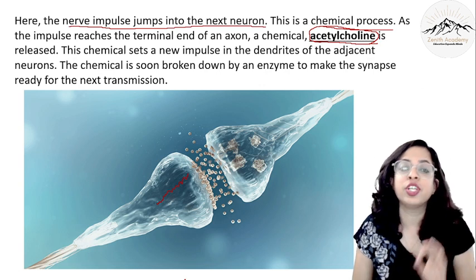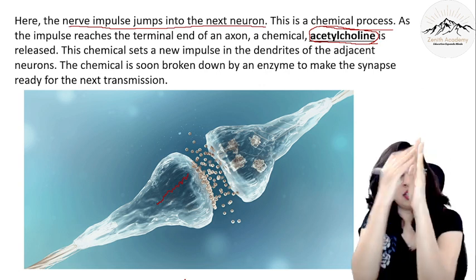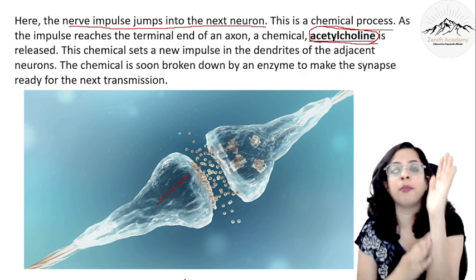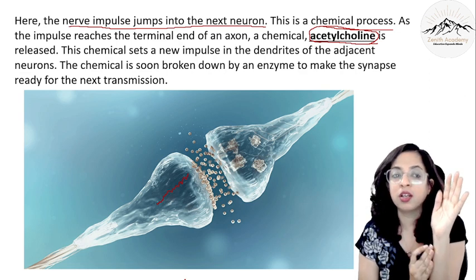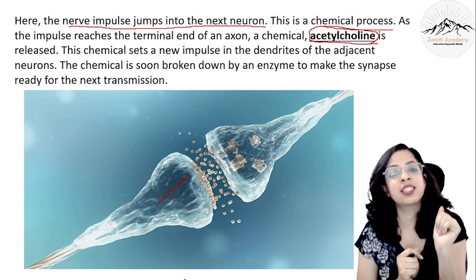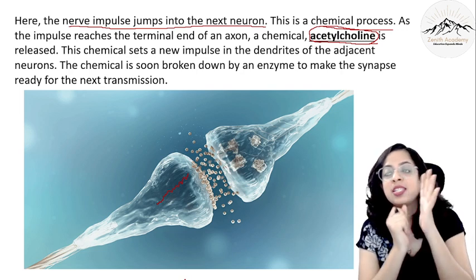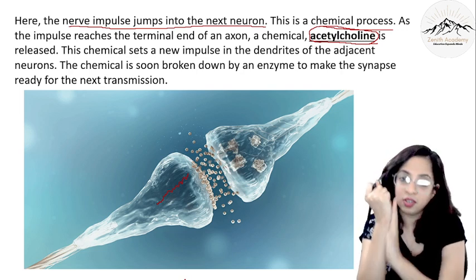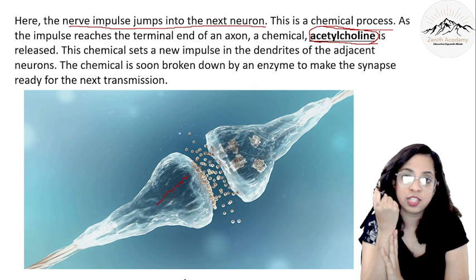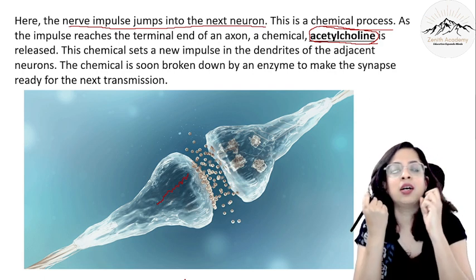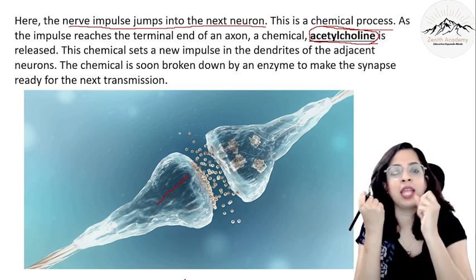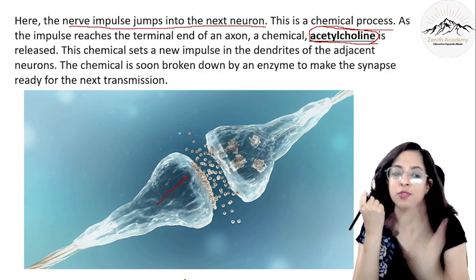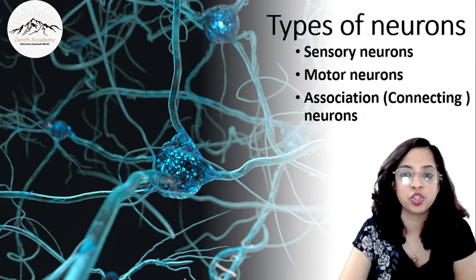The impulse reaches the terminal end of the axon, then a chemical, acetylcholine, is released, and this chemical goes here. This sets a new impulse in the dendrite of the next neuron, and enzymes work upon it and break it down to make the synapse ready for the next transmission.